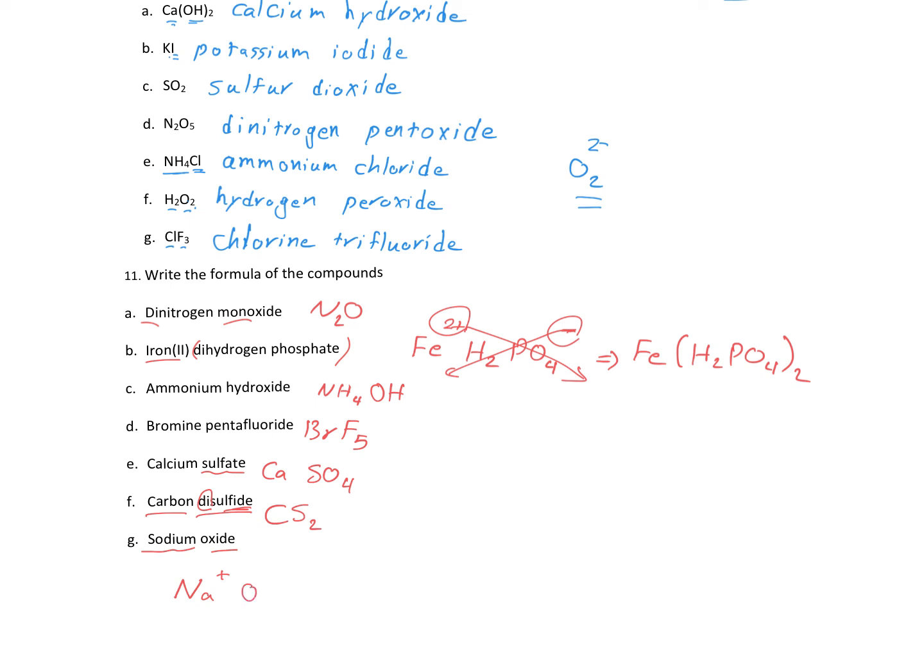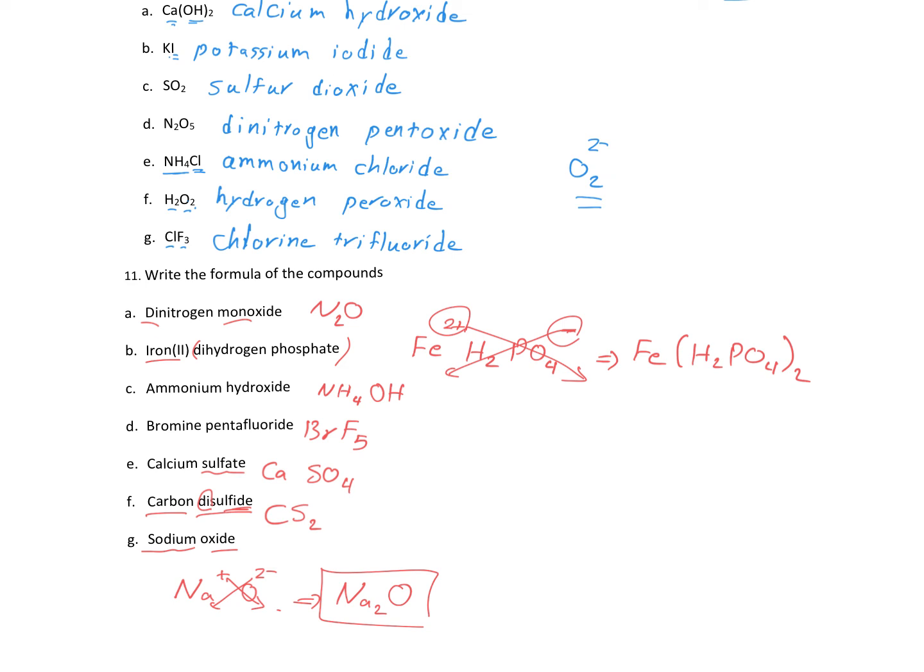Oxide is O with 2 minus. Okay, so you do the crisscross, therefore 2 goes there and 1 goes here. So it's Na2O. That's sodium oxide.